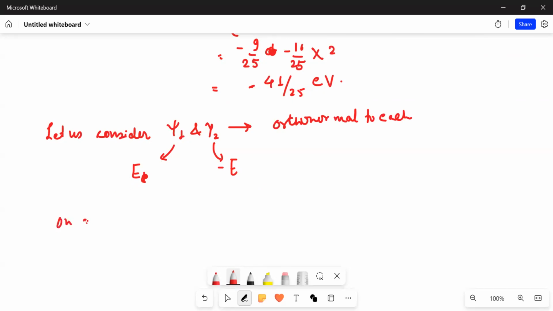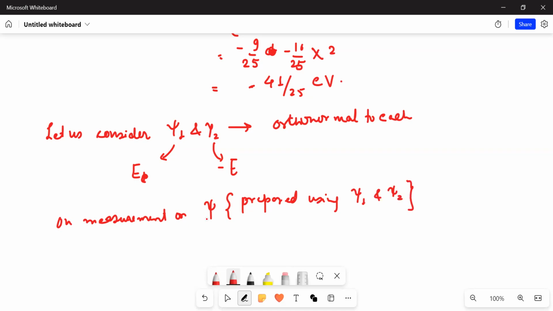On measurement on a state psi, which is prepared using psi1 and psi2, the expectation value of energy is found to be E by 2.